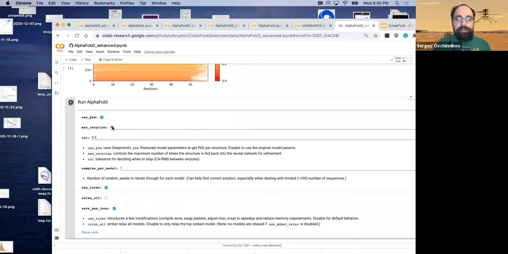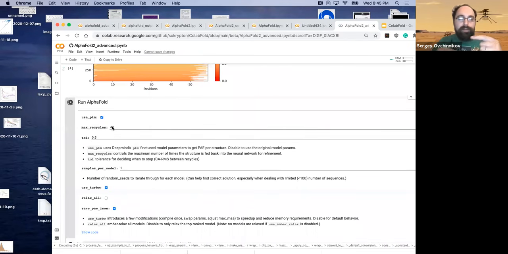So what will happen is I tell it to run up to 48 recycles, and it will keep looping recycle after recycle. As soon as the difference between the previous recycle and the next recycle goes down to 0.5 angstroms overall distance, then it will stop. This is one way to potentially prevent this from running forever, or actually running up to 48.